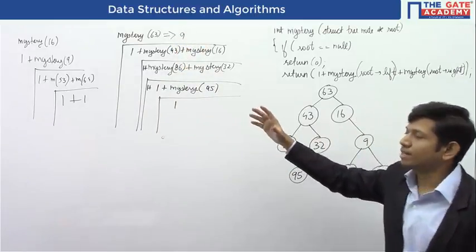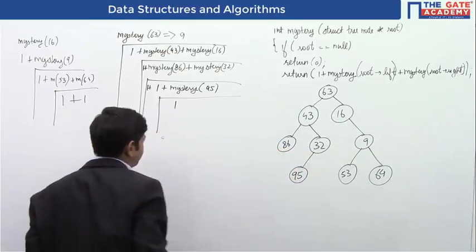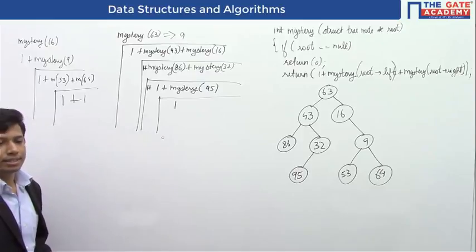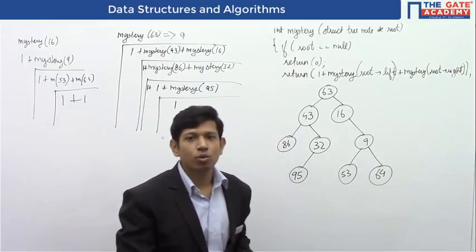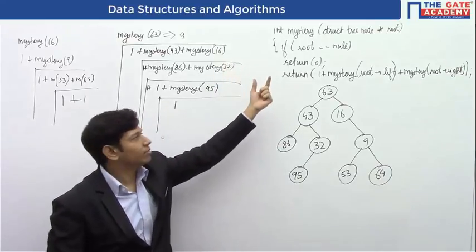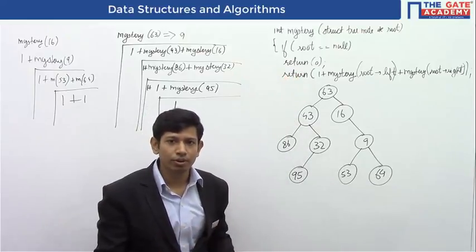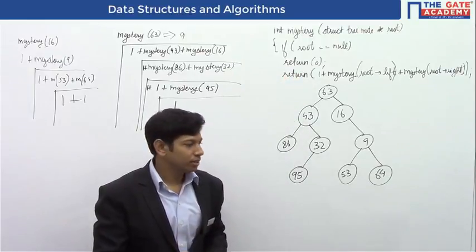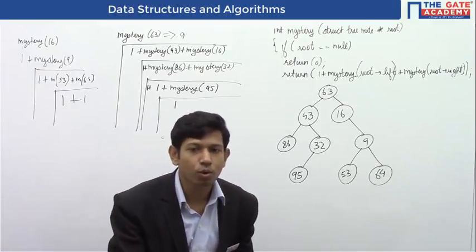This is how the recursive program will execute and traverse the given tree. Interesting thing to note here is what this code is designed to do. This code is designed to add a 1. See, if the root is null, it is returning 0. That means it is completely ignoring the null nodes. It is completely stopping when there is no further node.